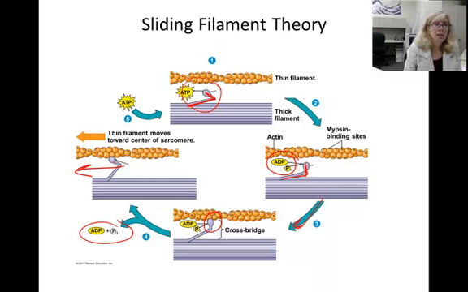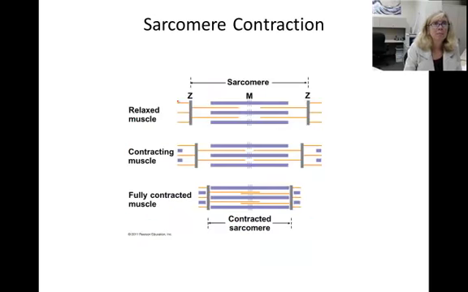The system will stay in this configuration until another ATP molecule is available. When the ATP binds, the head releases, and the process can repeat as long as ATP and calcium are both available and the muscle still has room to contract. As myosin pulls on the actin, it brings the Z lines closer together and makes the sarcomere smaller.